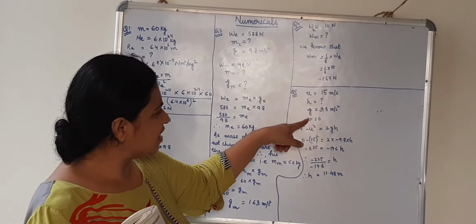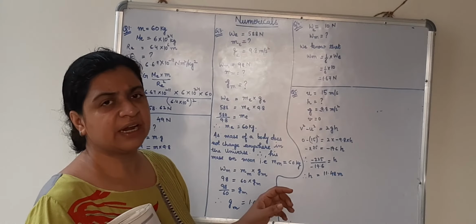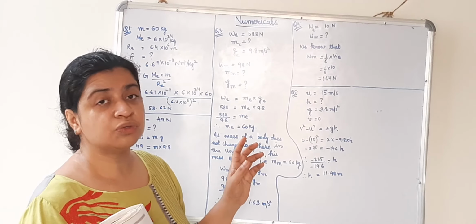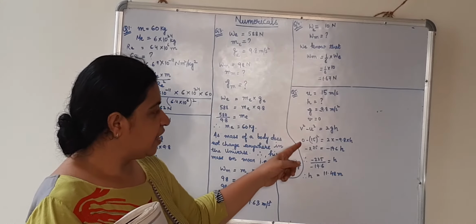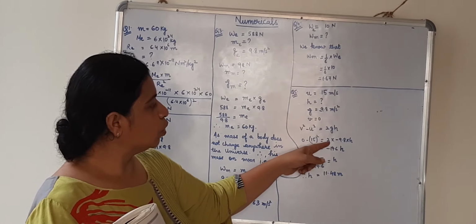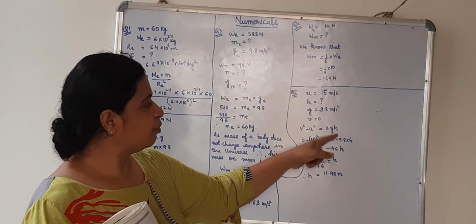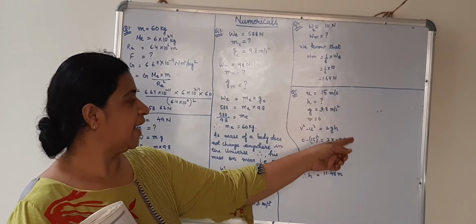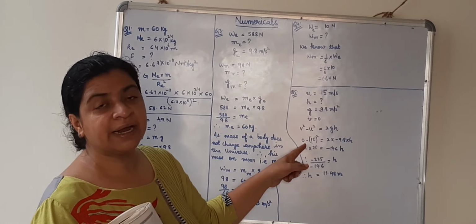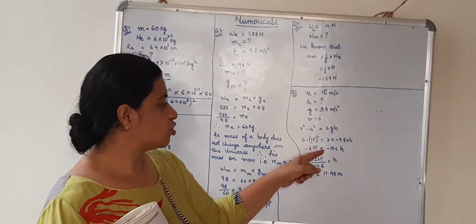So using these values only, what equation of motion can I use? I can use only the third equation, that is v square minus u square is equal to 2gh. V is 0, u is 15. I have written here 2 into minus 9.8, because the object is going upward. H we need to find out. 15 into 15, 225. When I open the bracket, I get minus 225 is equal to minus.